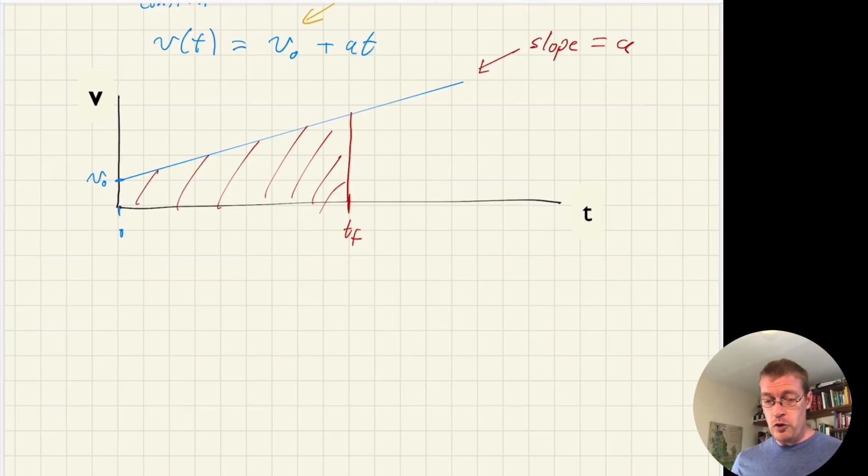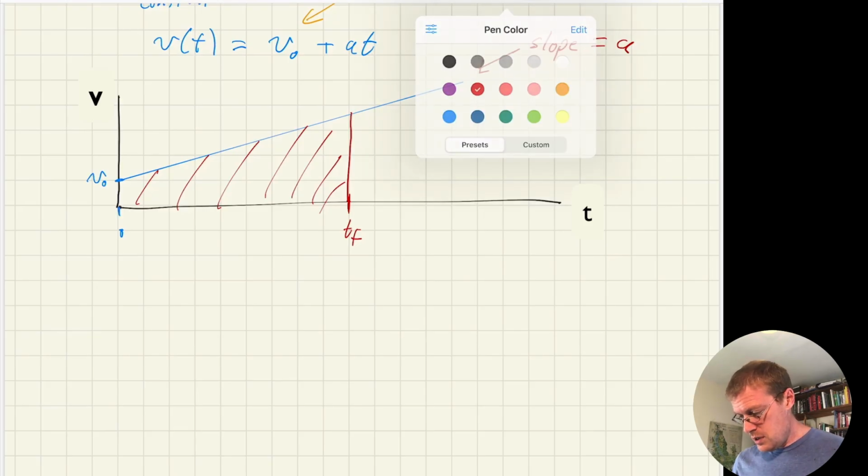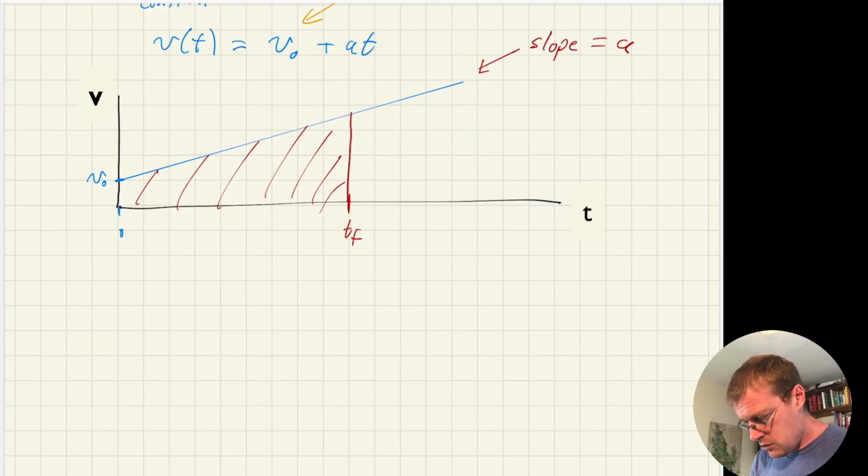You can probably remember your formula for a trapezoid, but I always find it easier to just break this up into a triangle and a rectangle. So I draw a horizontal line here, and I'm going to calculate the area of this triangle and the area of this rectangle, and add them up.